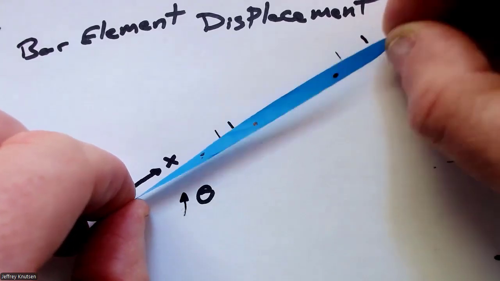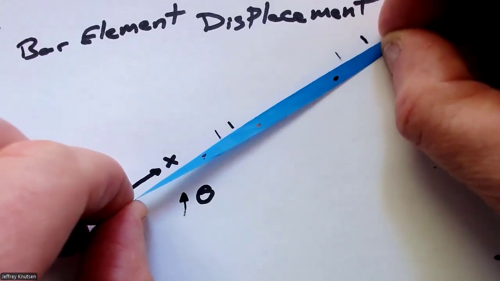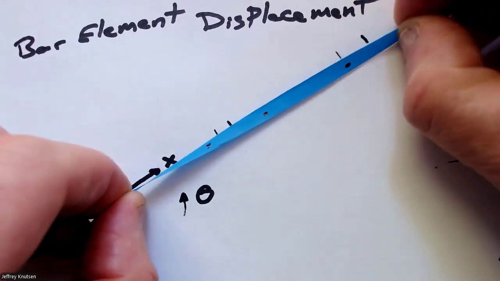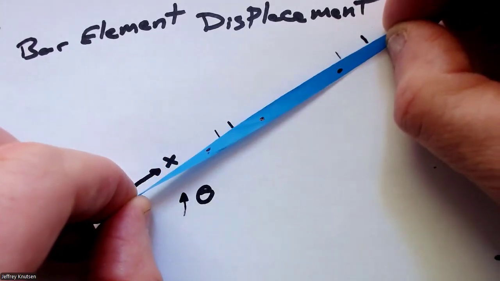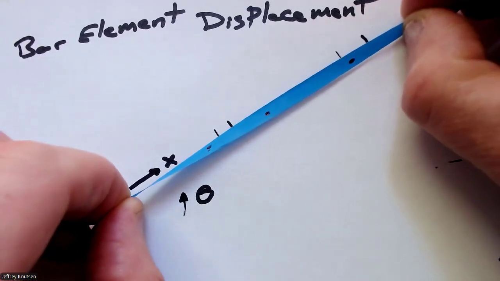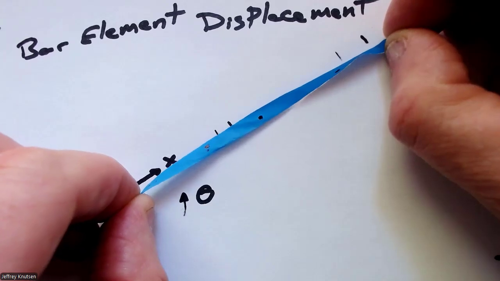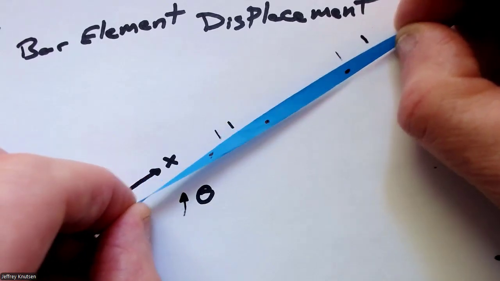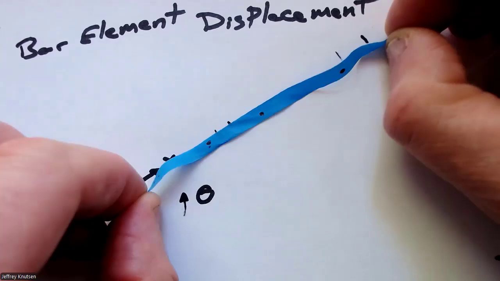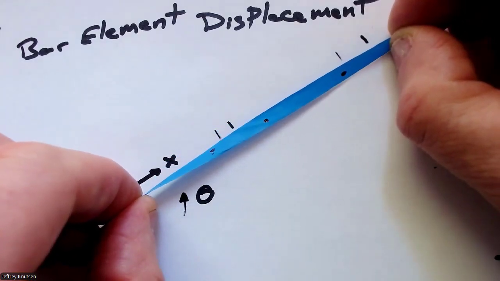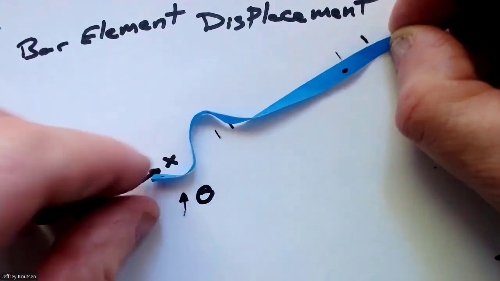Another thing that I might do is displace node 2 to the right and node 1 to the left. So I'm simply stretching it. In that case, the displacement function for this type of deformation indicates that the dot in the middle is not being displaced. The dots over here are being displaced in the positive x, and the dots here are being displaced in the negative x direction. So these are all examples of displacements of a bar element. Note that this is a local coordinate system.